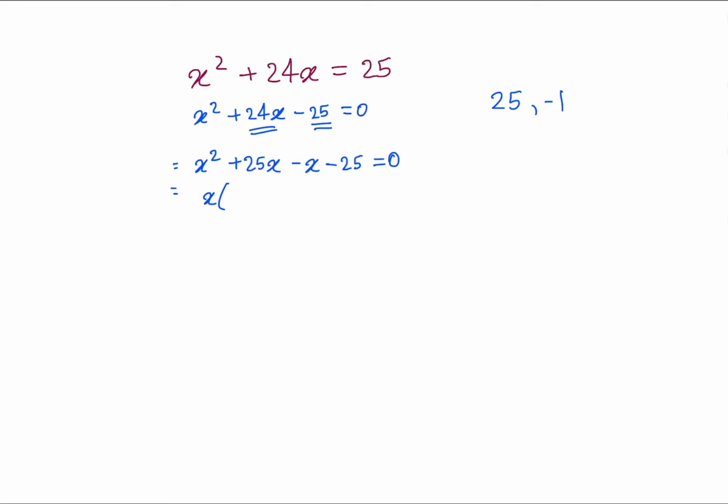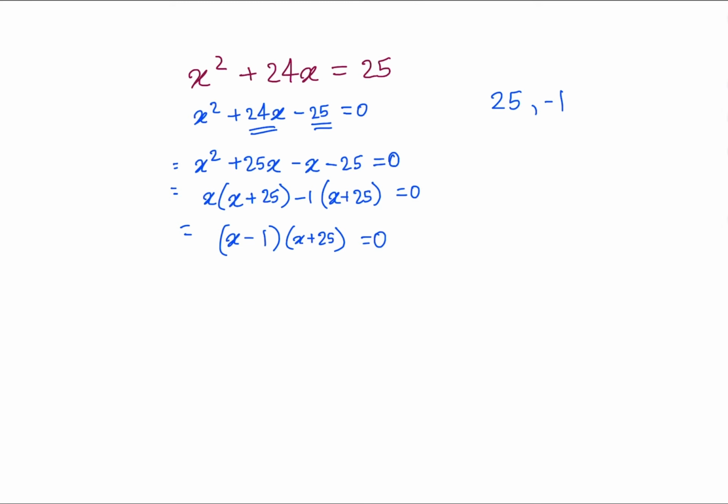In the first two terms the common factor is x. So x times x gives you x squared, and x times 25 gives you 25x. Then over here, the common factor is -1, so x plus 25 is equal to 0. That gives us x minus 1 and x plus 25, which gives you 0.